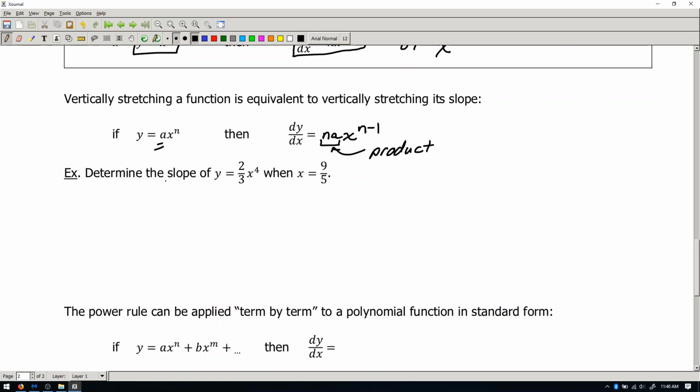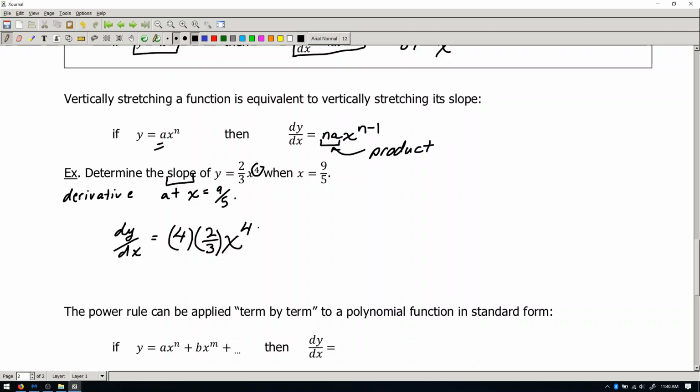Okay, so here we go. Let's determine the slope of this function when x equals 9 over 5. This just means derivative at x equals 9/5. That's all it means. So let's evaluate. So dy dx is going to be, let's see, let's take the exponent. What's the exponent here? 4. Drop it down and multiply by 2/3.